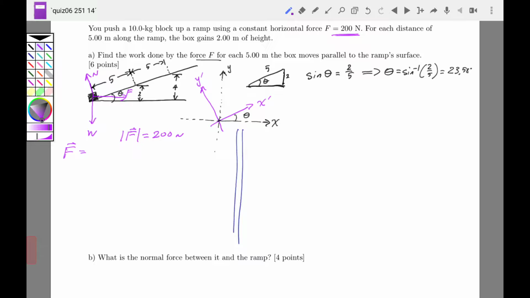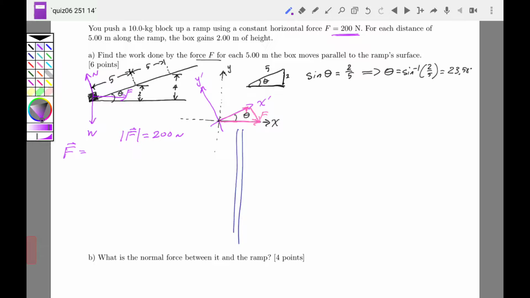So in the rotated coordinate system, I would have a vector. Okay, so this is going to be F. And I need to project F onto the x prime axis and the y prime axis.